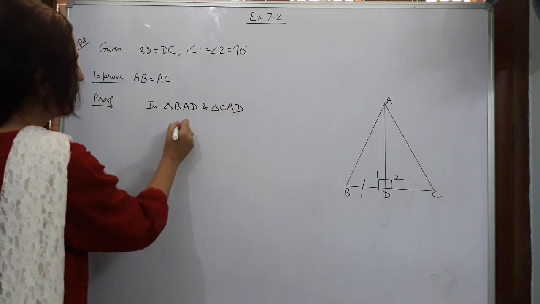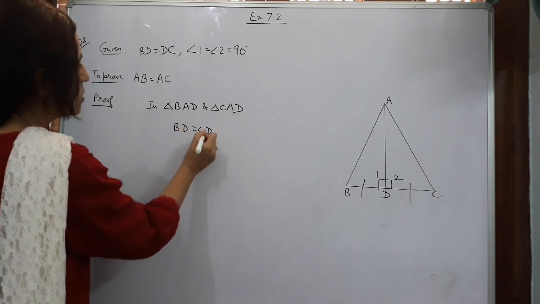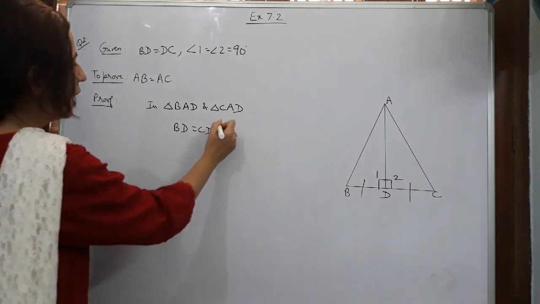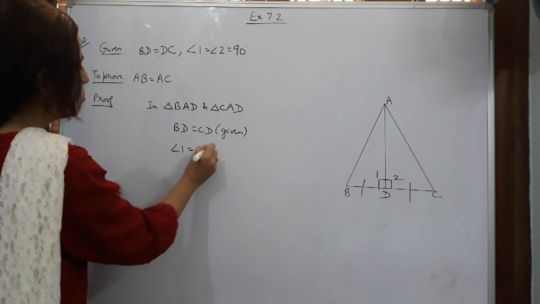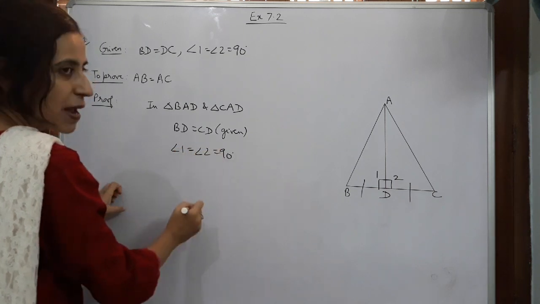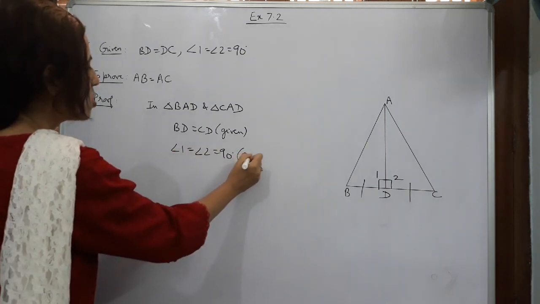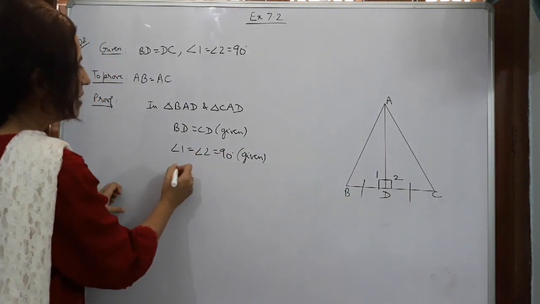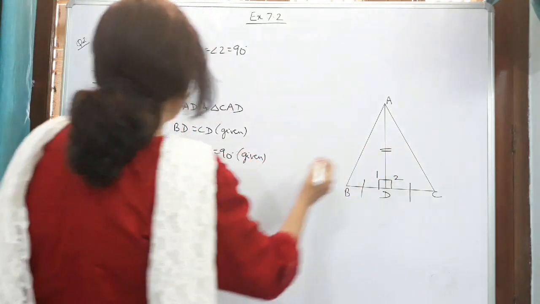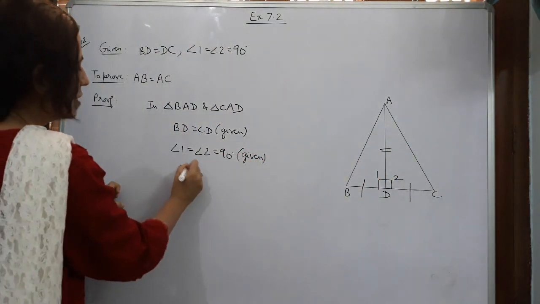In these two triangles, BD is equal to CD because it is given to us. Angle 1 is equal to angle 2, which is of measure 90 degrees. This is also given to us since it is perpendicular. And AD is equal to AD. It is the common side.